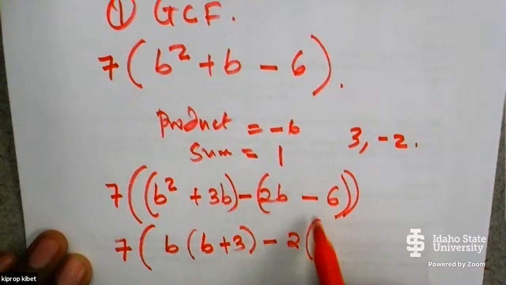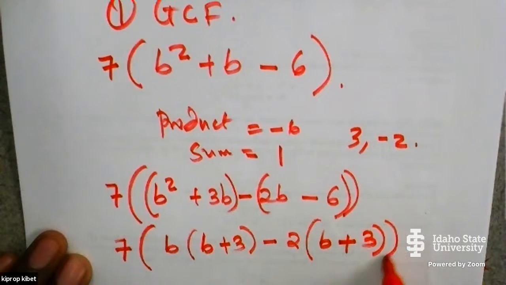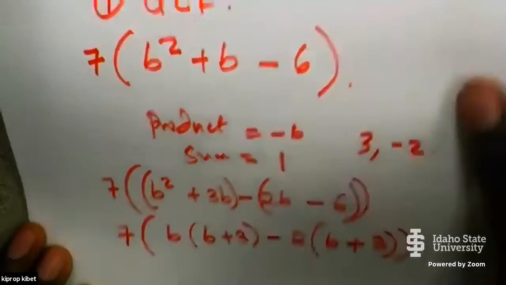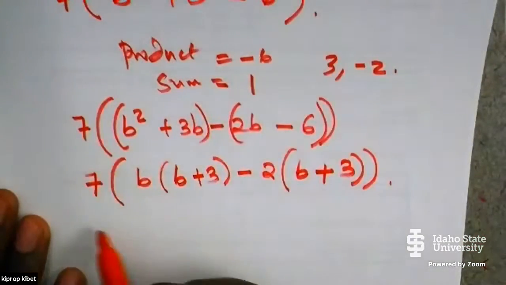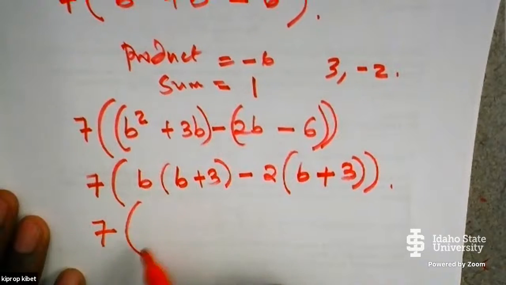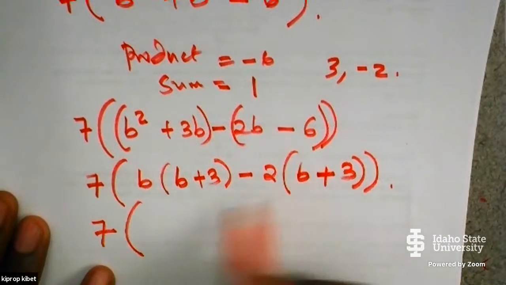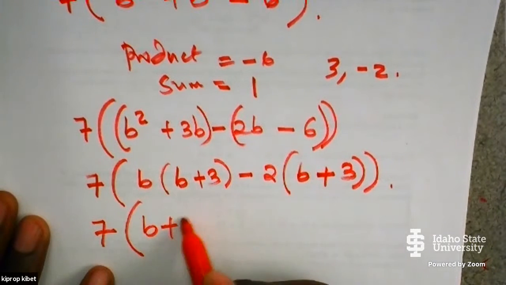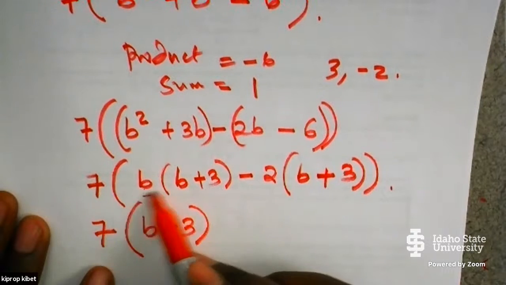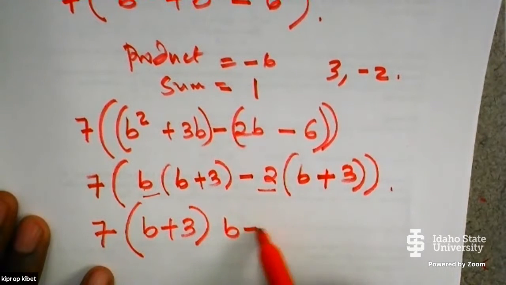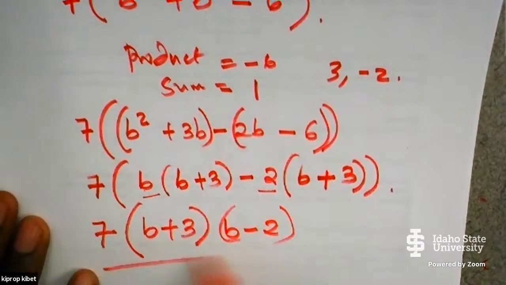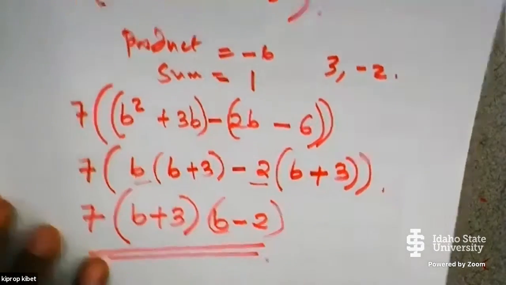So this side will change, right? So there is b plus 3, plus 3. So 7 is still outside, and then we factor out the greatest common factor, which is b plus 3. What remains is this and this, b minus 2.